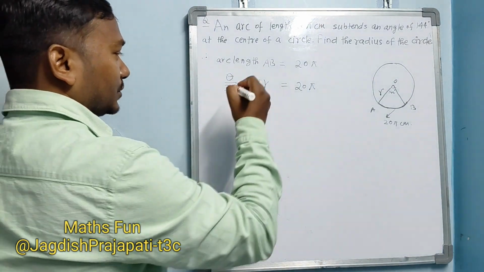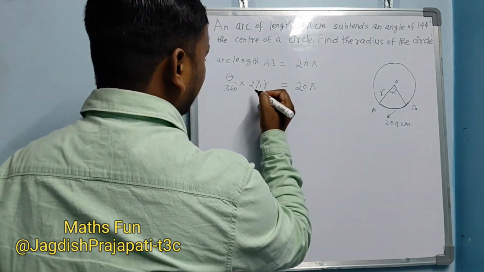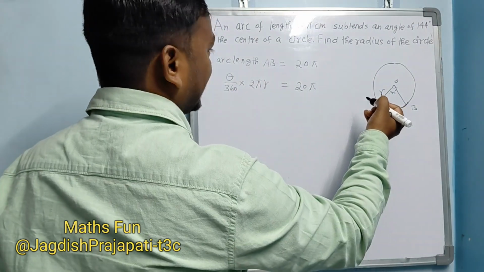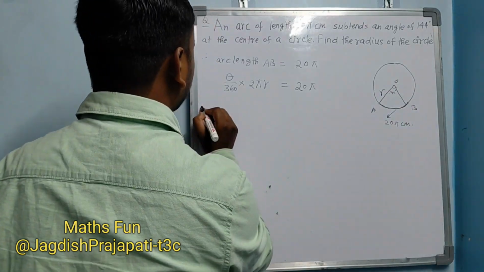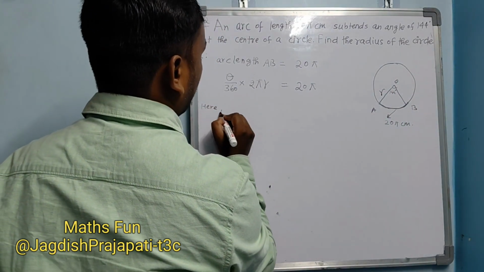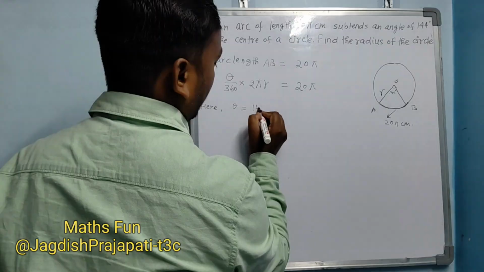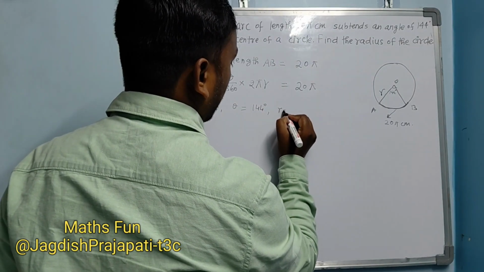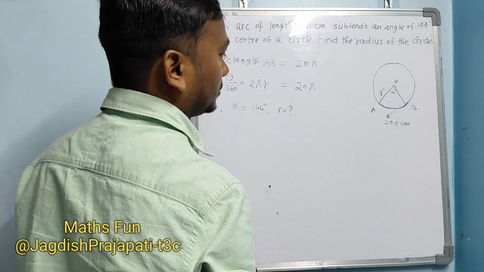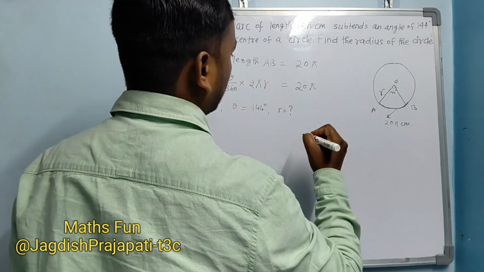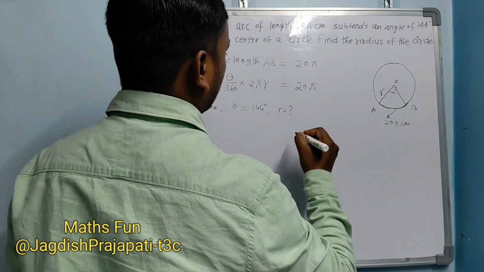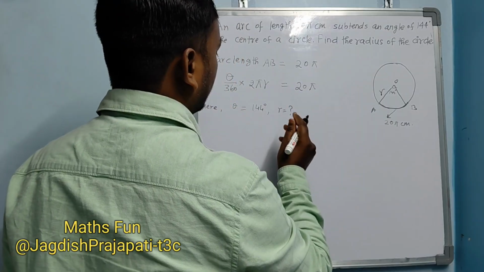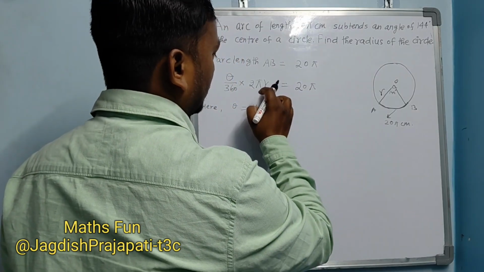Okay, so now see, theta is given here. Theta is 144 degree. r is unknown, we have to find this.